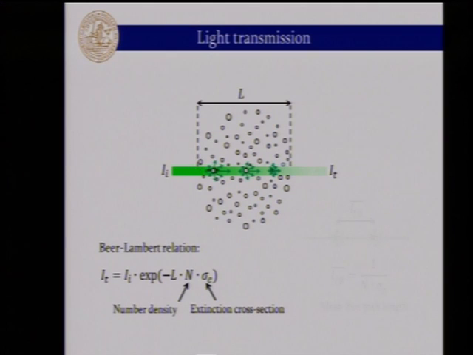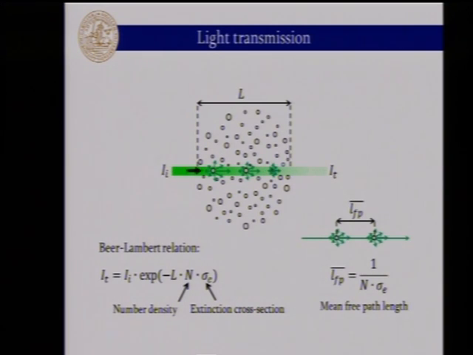So it is related to the distance you cross, the number density of droplets, and the extinction cross-section, which is the sum of the scattering and absorption cross-sections. Now you can also extract the mean free path length, which is the average distance between two scattering events.